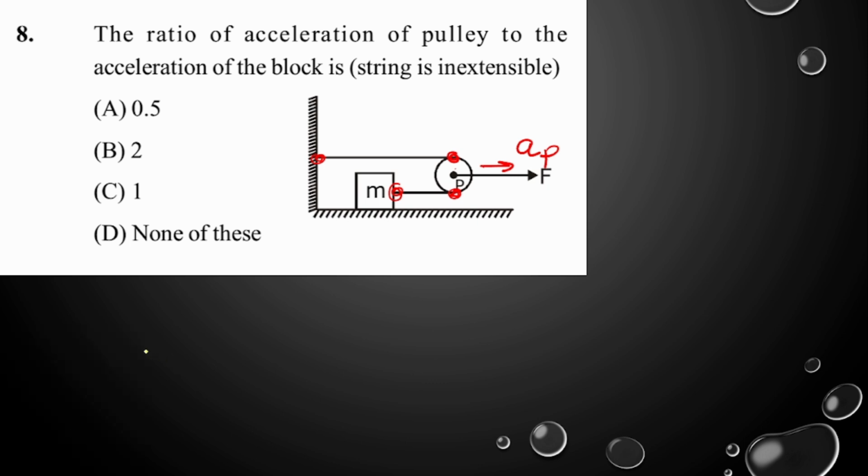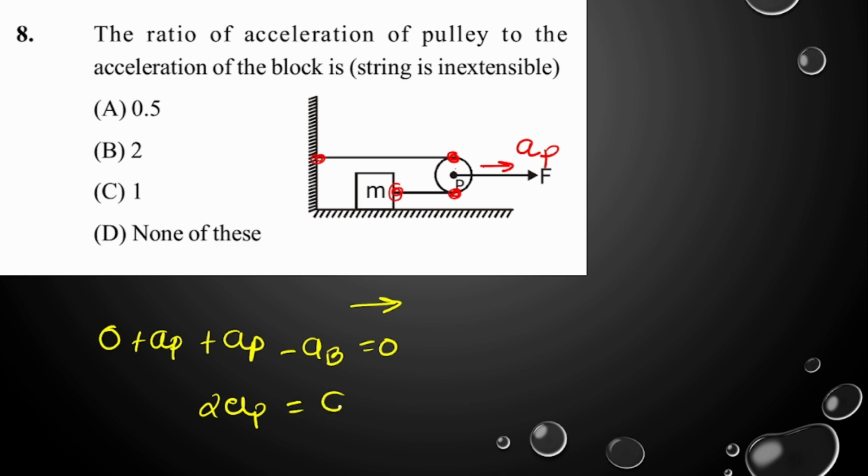Point number 1, no acceleration. Point number 2, increasing the length, means plus AP. Point number 3, increasing the length, means plus AP. Acceleration of block must go this direction, so that would be minus AB equals to 0. So 2 AP equals to AB.